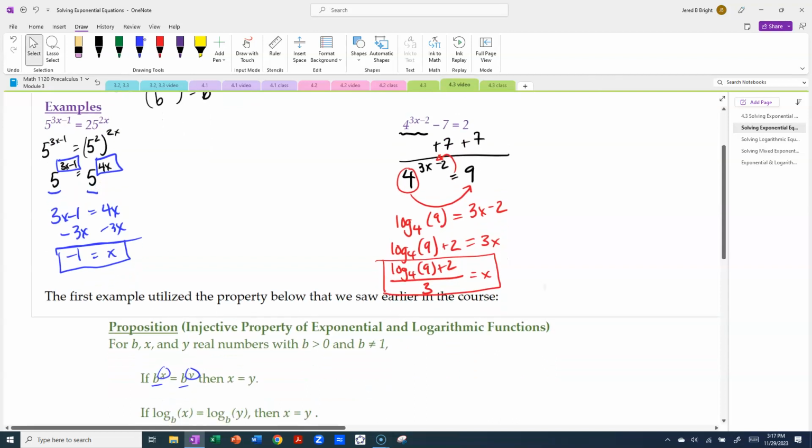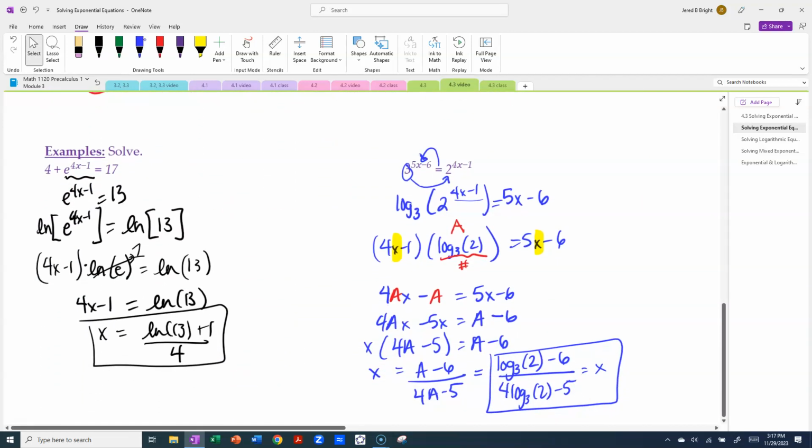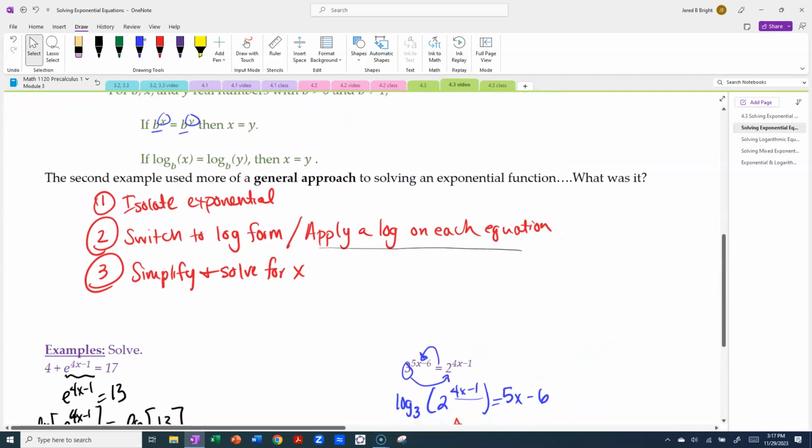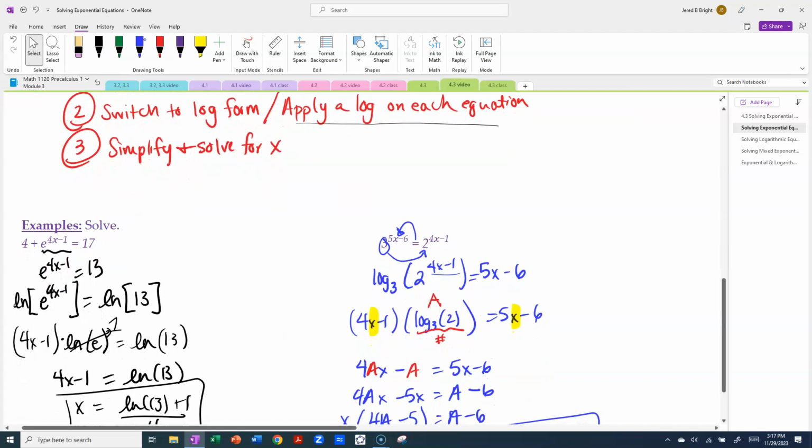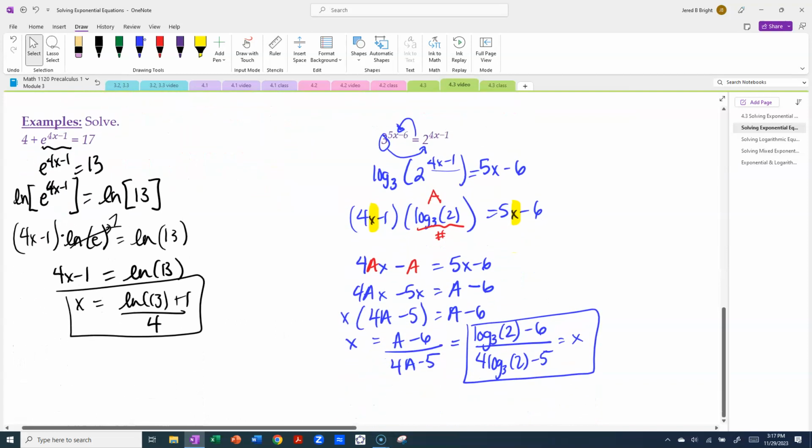In that case, we had to switch it to log form, which we saw in the next example. And when you switch it to log form, you also have to simplify and solve. This last type is the most challenging, where you have to apply a logarithm or switch it to log form and then carefully carry out some algebra that follows. Okay, so make sure to review that last example carefully, and we'll get some practice with it in class.